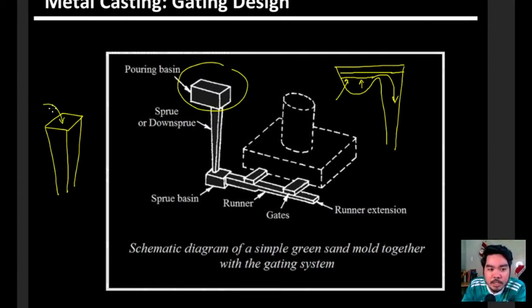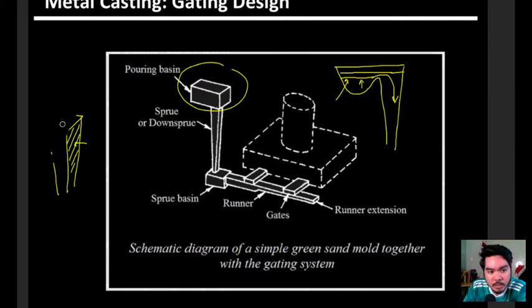So the tendency lang pag ganito yung type of arrangement, no, is that lalo na pagka we're doing sand casting or some form of casting where the molding material is easily eroded, pwedeng itong parts na to ma-erode siya due to the turbulent action ng pag-pour ng molten metal. And this happens quite a lot, no?